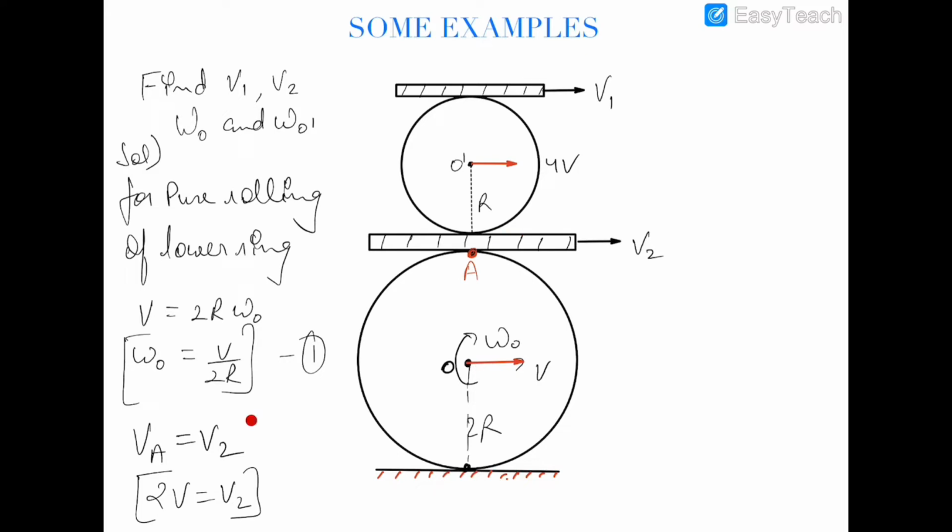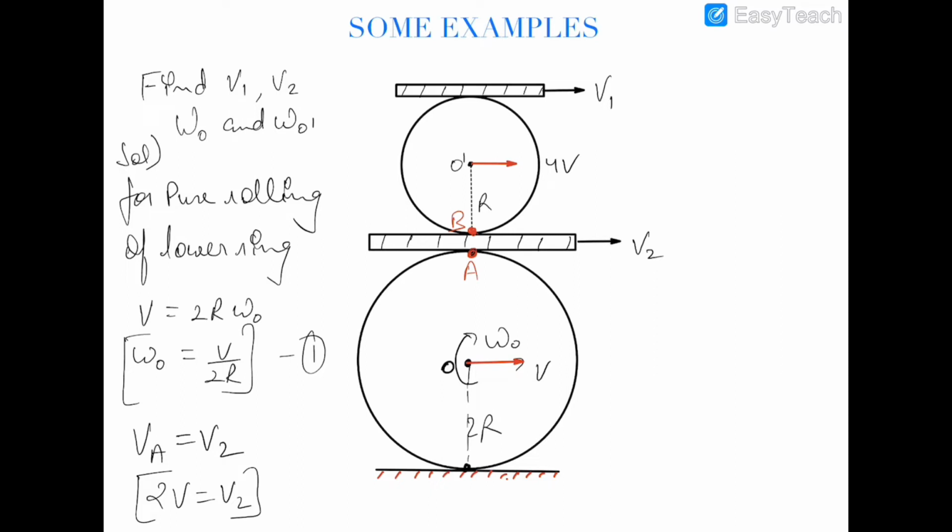So V2 will be equal to 2V. Now we know that the point B will also be in the state of pure rolling, and there would be no slipping at point B.